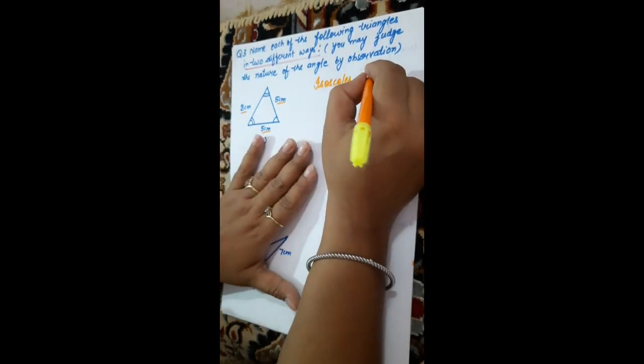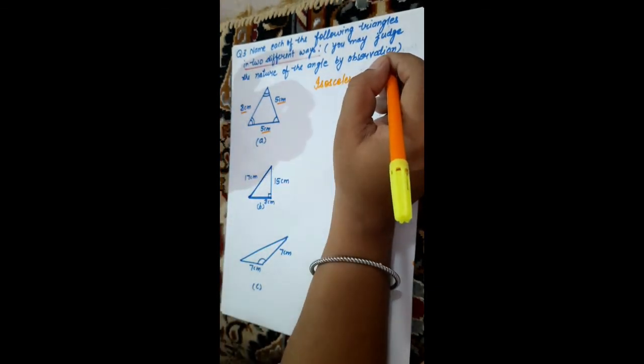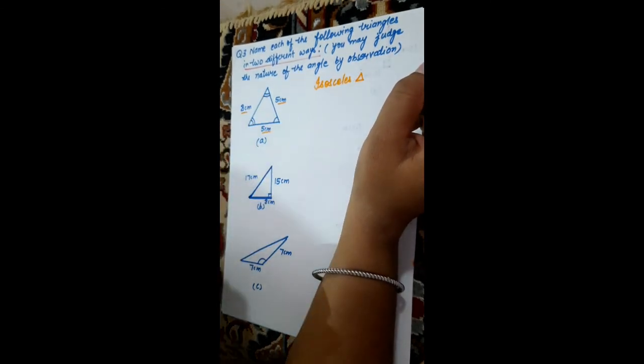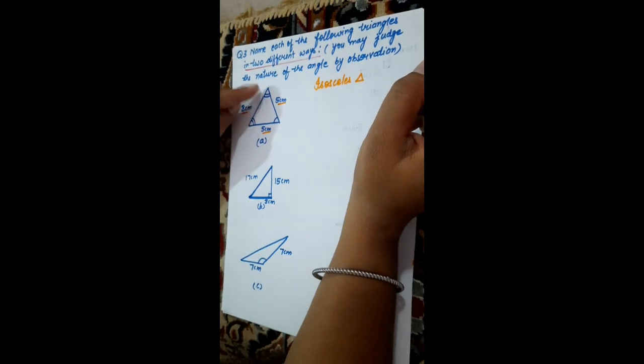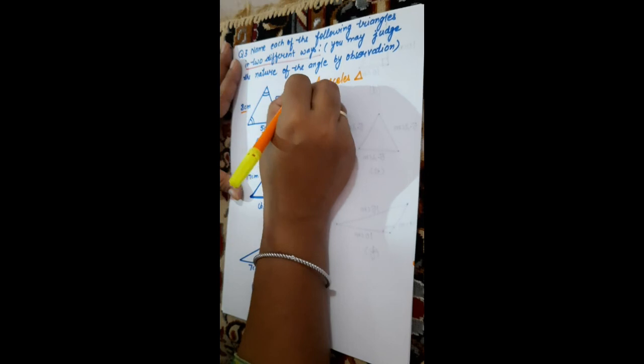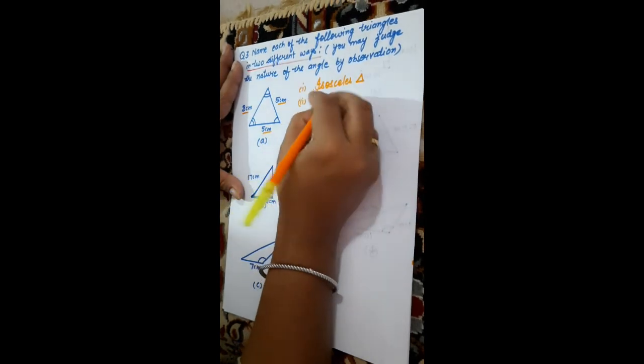This is on the basis of side. On the basis of angle, I assume all the angles are less than 90. Here, acute angled triangle, as these two angles are equal, base angles are equal.